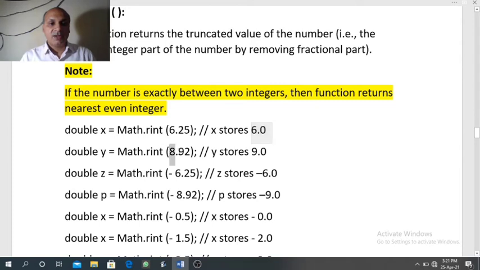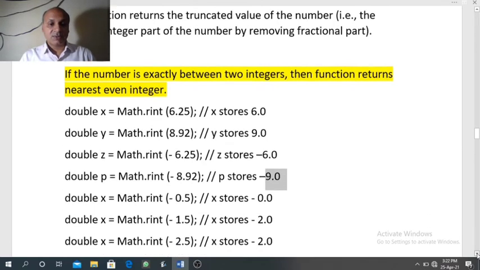Now 8.92, it is between 8 and 9, and after round off we will get 9, so answer will be 9.0. Here it is between minus 6 and minus 7, so after round off we will get minus 6.0. It is between minus 8 and minus 9, so after round off we will get minus 9.0, because this number is nearer to minus 9.0 on the number line.